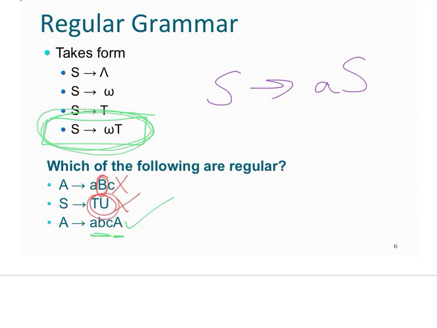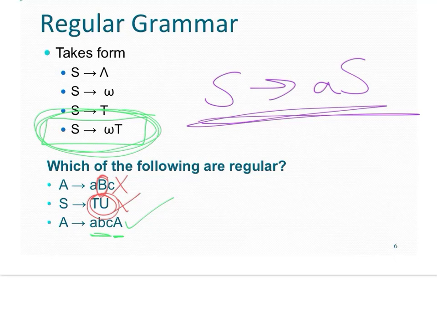Our rules just say that S and T have to be non-terminals. So don't be stressed out if you see something like that. That's also part of a regular grammar. You'll notice that in this example we just did, we have A on the left-hand side and A on the right-hand side as non-terminals. That's okay. Go back a slide: nothing said that S and T cannot be the same non-terminal. So this is perfectly legal.